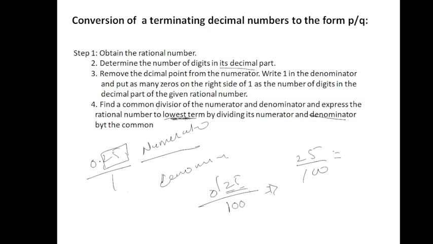So the common divisor is 5, because both 25 and 100 are divisible by 5. So it is 5 and it is 20. Further we solve it, and we get 1 by 4. This is the fraction of the given decimal.